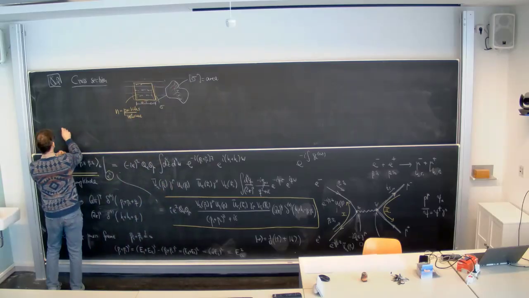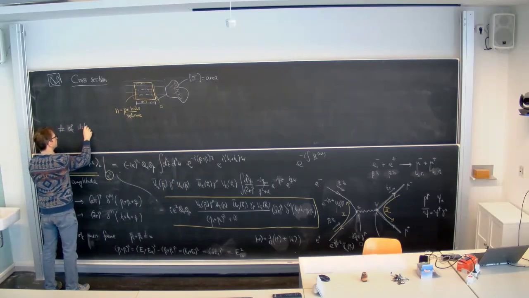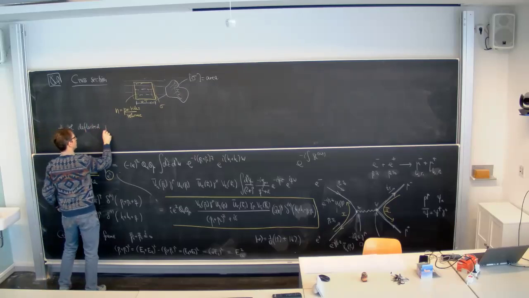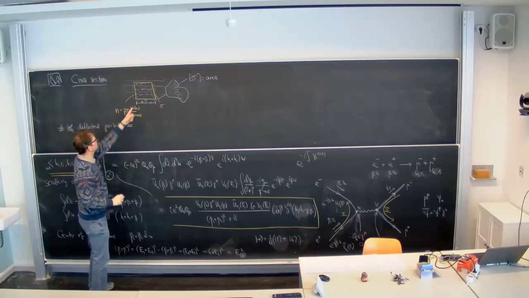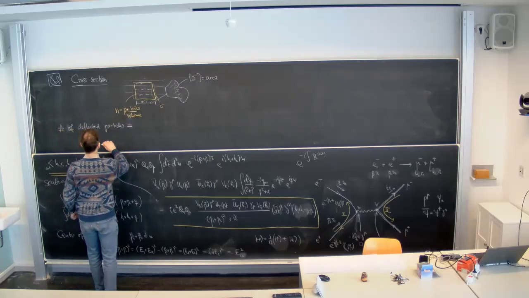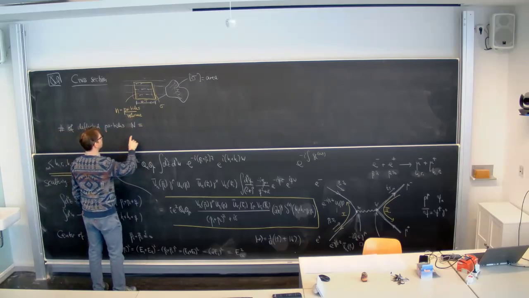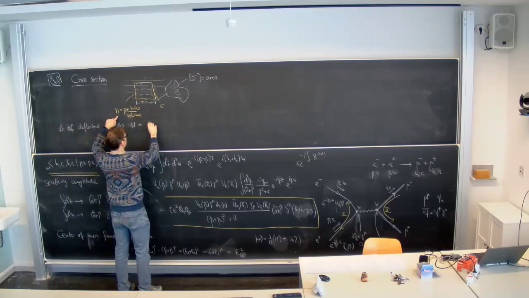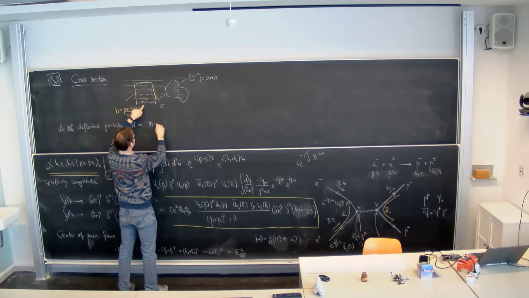So the number of deflected particles is equal to what's inside the box. Let's call this number N. N is everything in the box, and what's in the box? It's the density times the volume, and the volume is the length times the cross section.